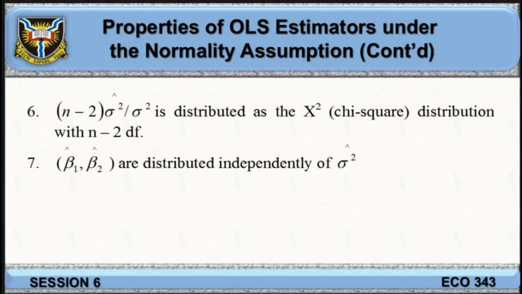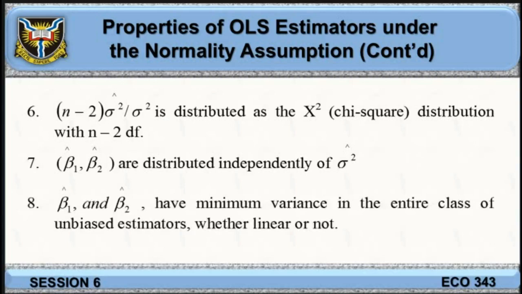Beta 1 estimator and beta 2 estimator are distributed independently of variance estimator. 8. Beta 1 estimator and beta 2 estimator have minimum variance in the entire class of unbiased estimators, whether linear or not.